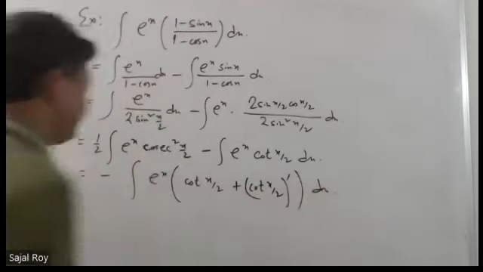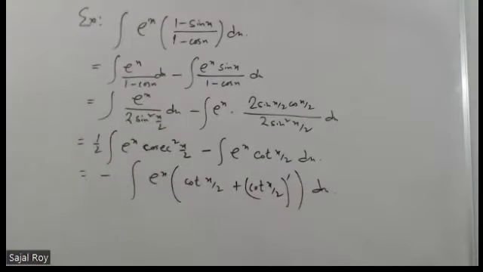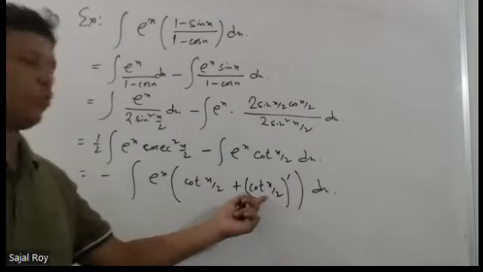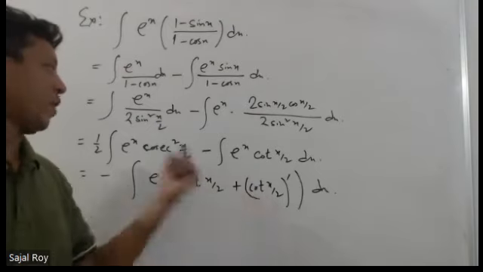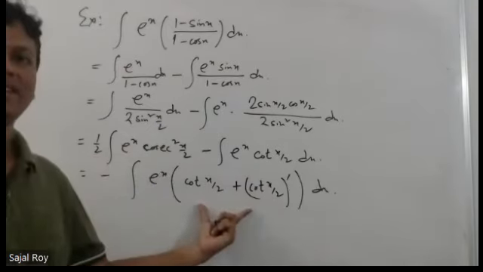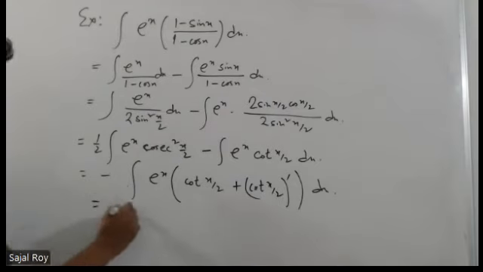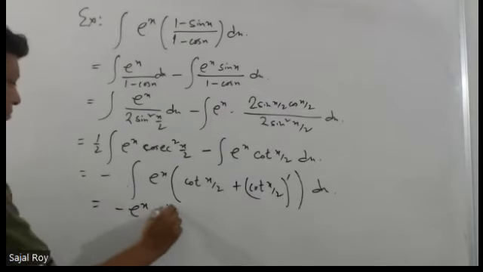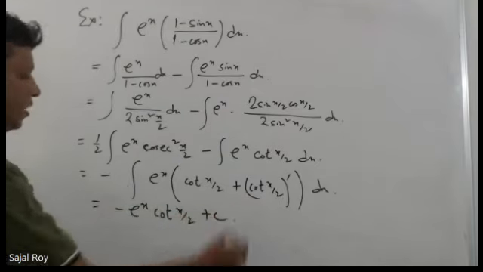Correct. What is the derivative of cot x by 2? Minus cosec square x by 2 into half. So look at that.